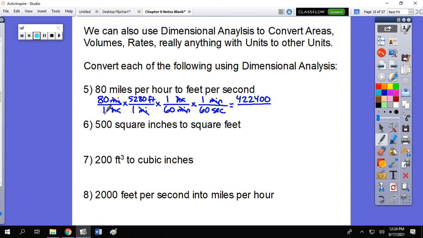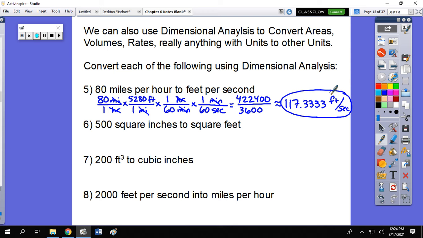And on the bottom, 1 times 1 times 60 times 60 is 3,600. So then we do that division, 422,400 divided by 3,600, and we get approximately 117.3333, and then the next digit is a 3, so we'd round down, feet per second.